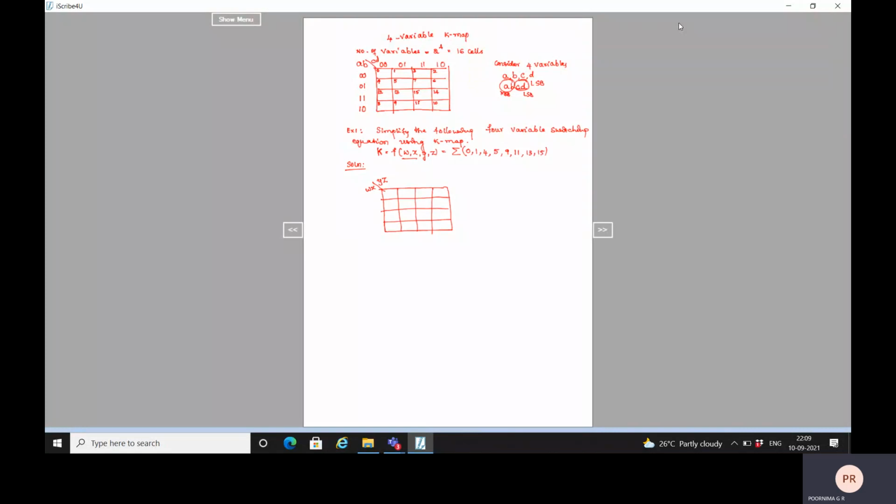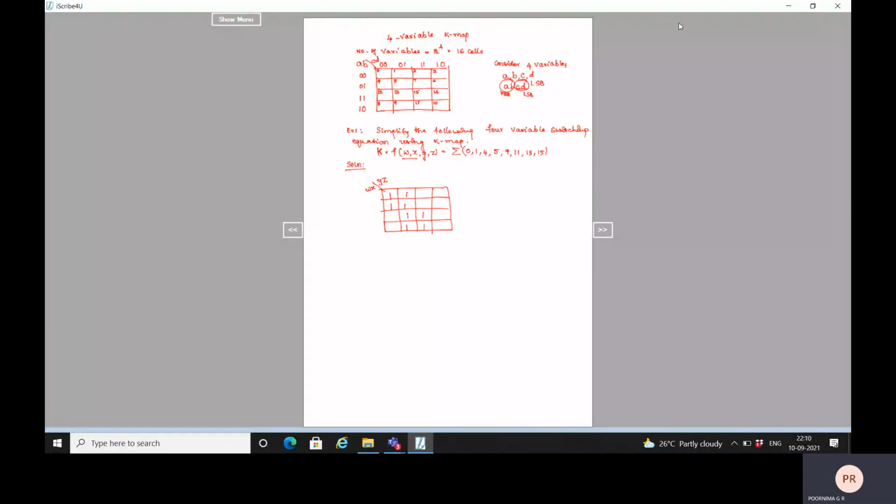The 0th cell is having 1, first 1, again 4, 5, 1, 1, 9, 11, 1, 1, then 13, 15, 1, 1.